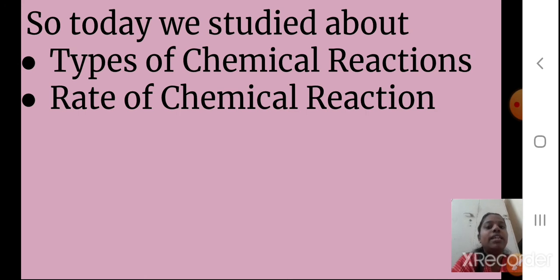Then we studied the rate of chemical reaction, that is, among all the reactions, some may occur at a faster rate, some may occur at a slow rate. But if you change the parameters, we have seen the example of temperature, then you can change the rate of the reaction. I hope whatever part we have done today you have understood.